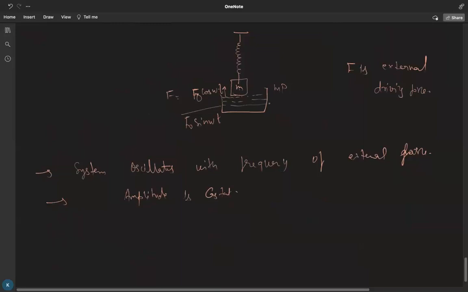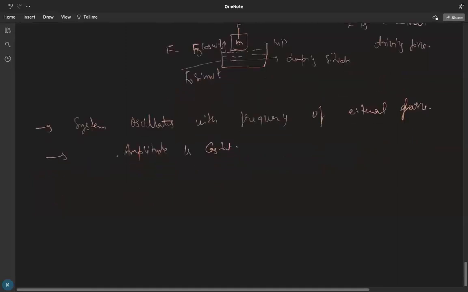We have a damping constant, obviously V. If I write the equation, F restoring is equal to minus Kx minus dV plus F naught sine omega t.